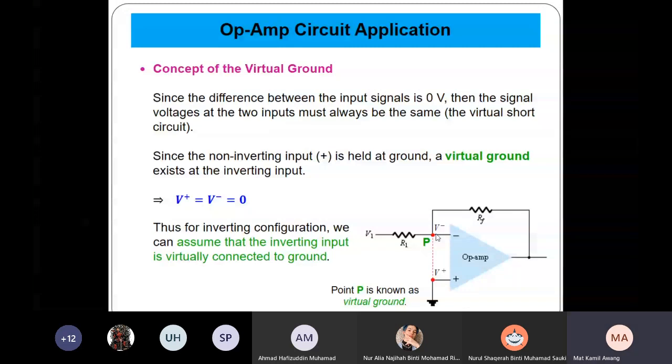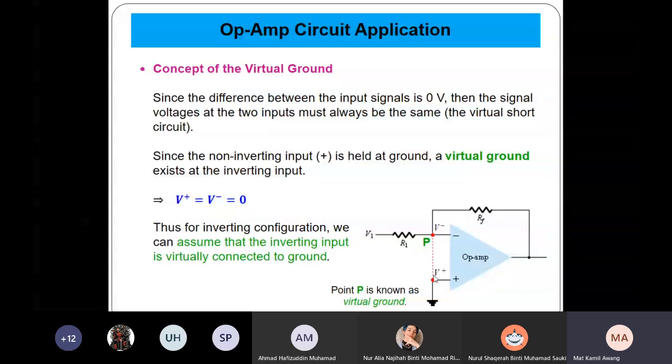So if this is 0, this is 0, therefore these two inputs are the same. It must always be the same. Since the non-inverting input is held at the ground, 0 volt, a virtual ground exists at the inverting input.